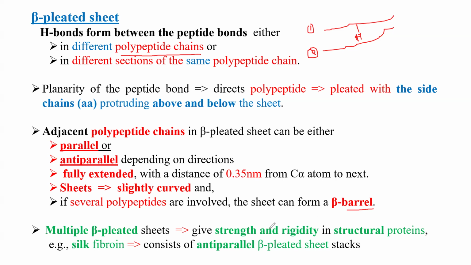So if a beta-pleated sheet is found in a particular protein, it gives strength and rigidity to structural proteins like keratin. Another example of a structural protein is fibroin, which consists of antiparallel beta-pleated sheet stacks.